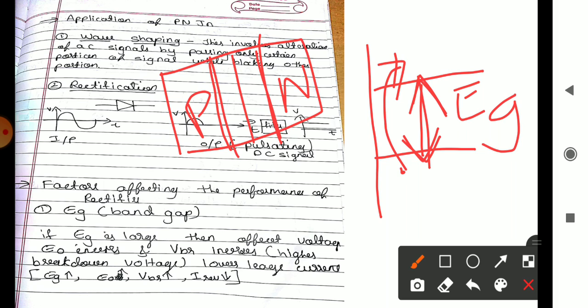For example, for power rectifiers, meaning when a diode operates at higher power, silicon is generally preferred compared to germanium. Why? Because silicon has a wider band gap compared to germanium.